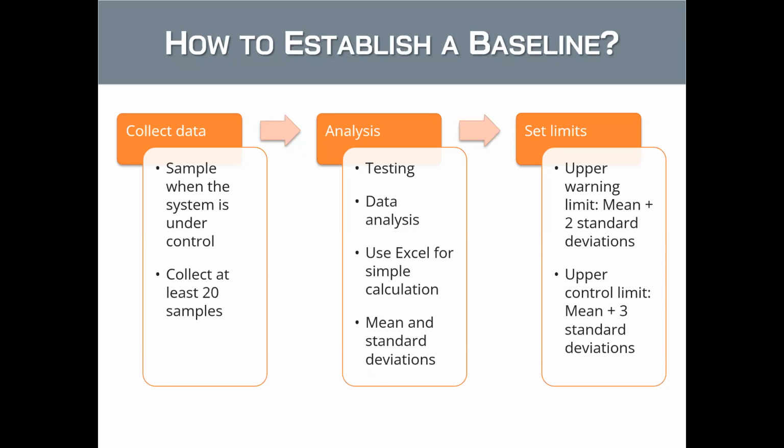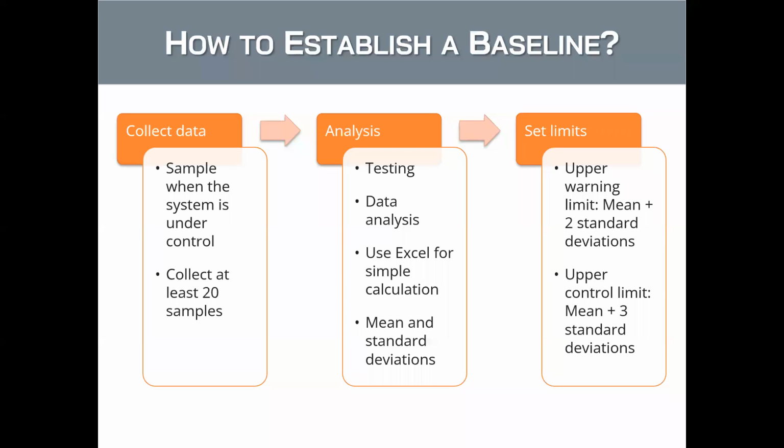So indicator testing is usually performed to establish baseline data. And then data analysis, including the testing results, and also using Excel, for example, for simple calculation. The simple measures you can do are the average, or the mean, and standard deviation.